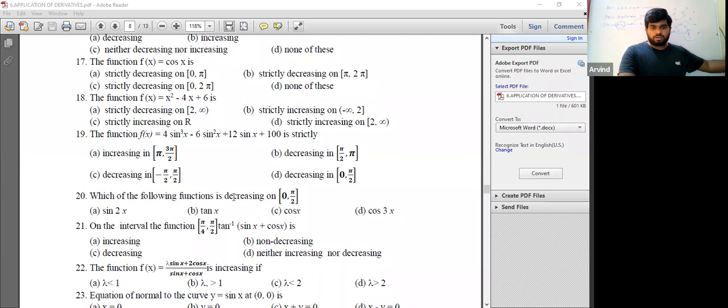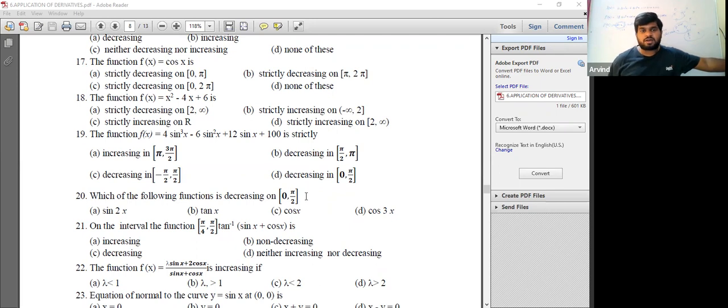Which of the following functions is decreasing in 0 comma pi by 2? You should only try it out. Look at question number 17.